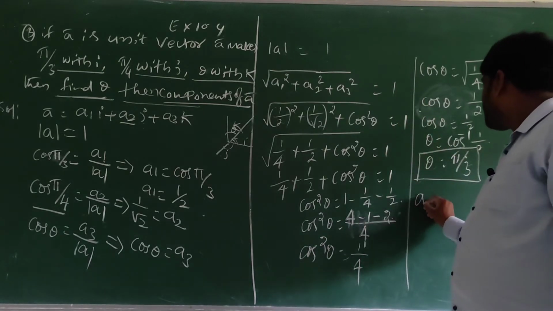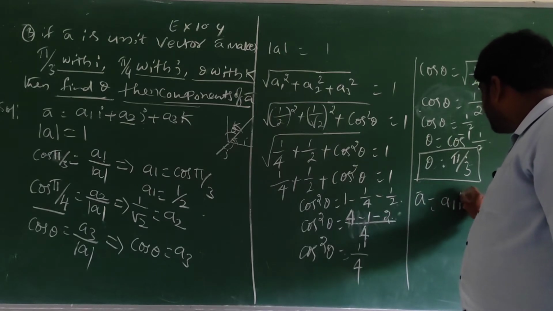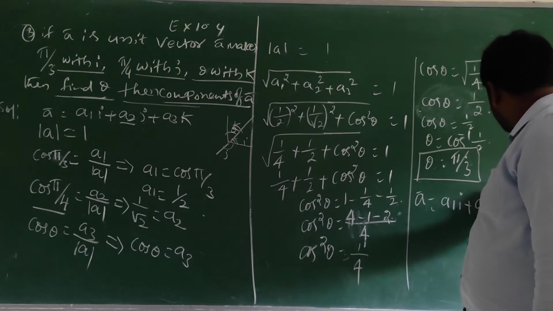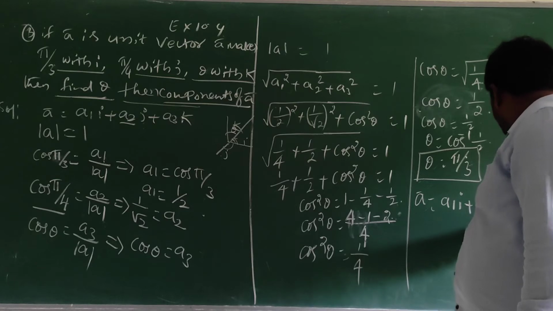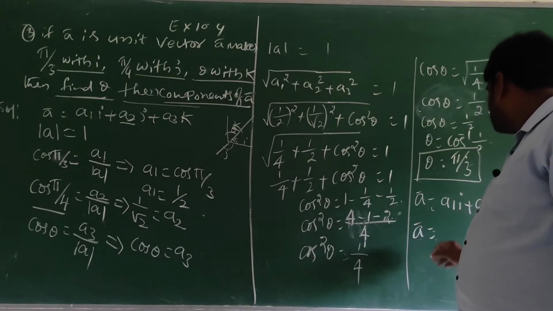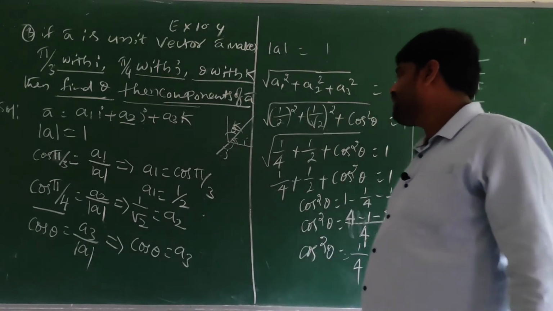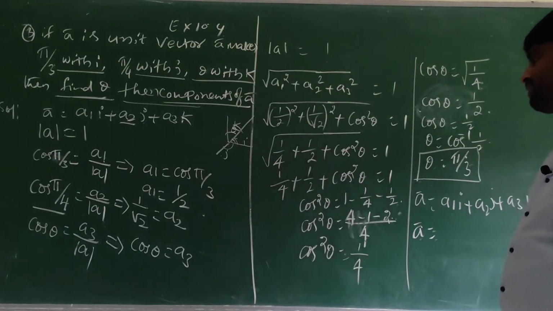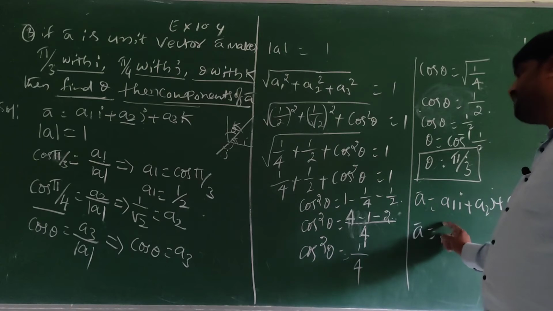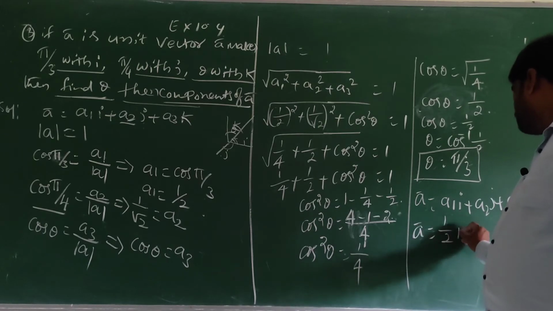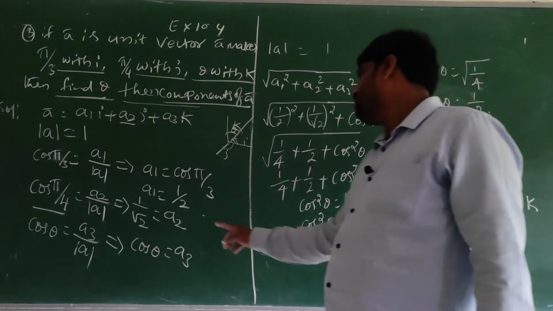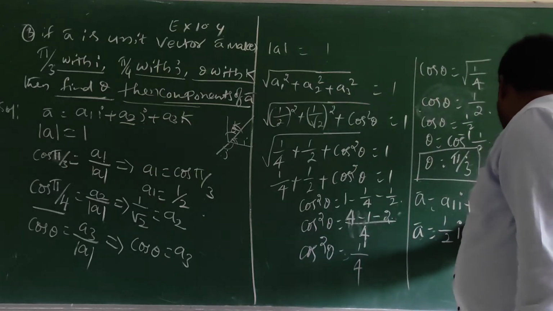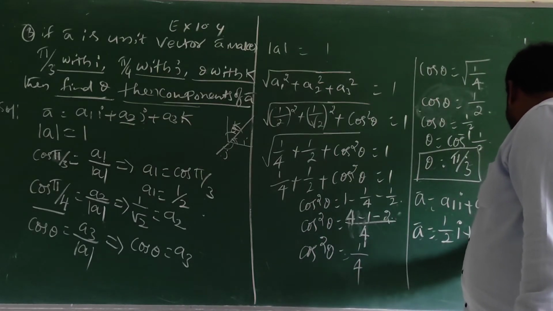Next, A bar equal to A1 I cap plus A2 J cap plus A3 K cap. What is the A1 value? The A1 value is 1 by 2 I cap. What is the A2 value? It is 1 by root 2 J cap.